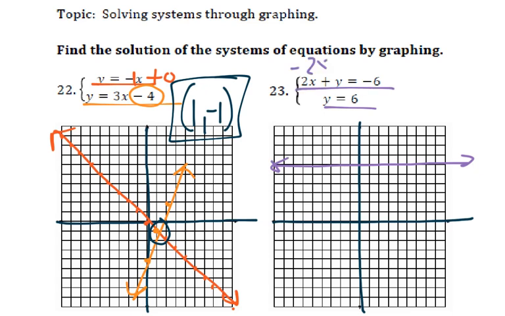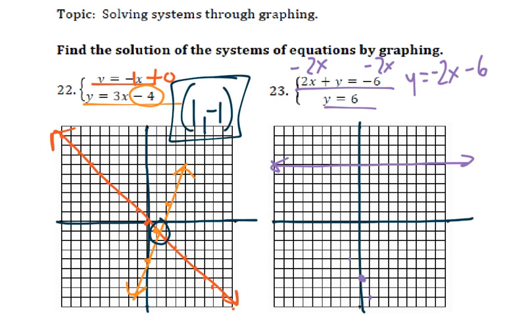For the next one, we need to turn it into slope-intercept by subtracting 2x. So we'd get y equals negative 2x minus 6. So we start at negative 6, 1, 2, 3, 4, 5, 6. And we're going down 2 to the right 1.